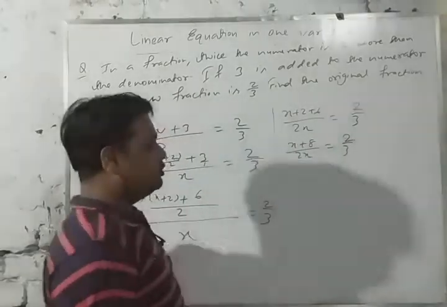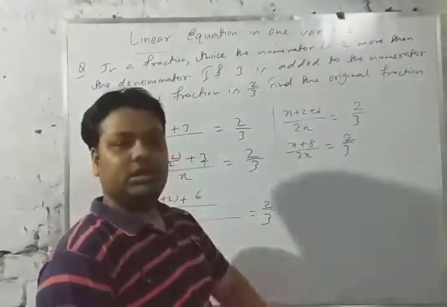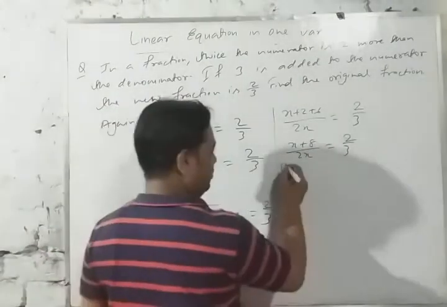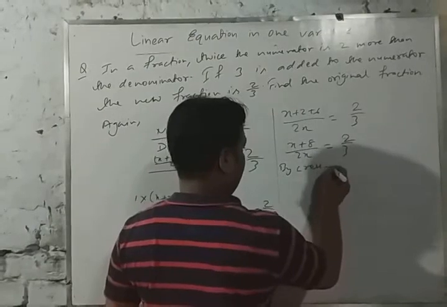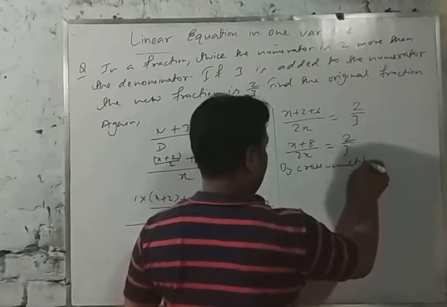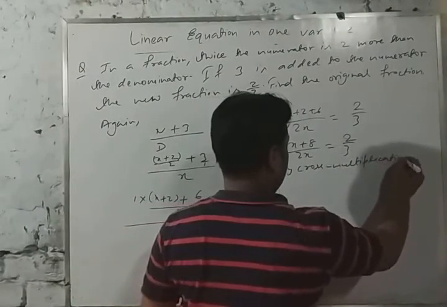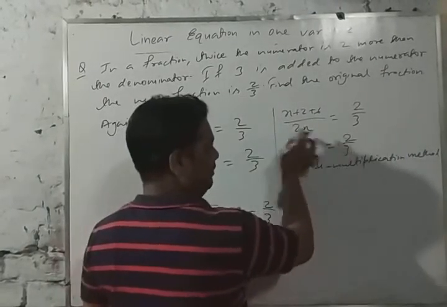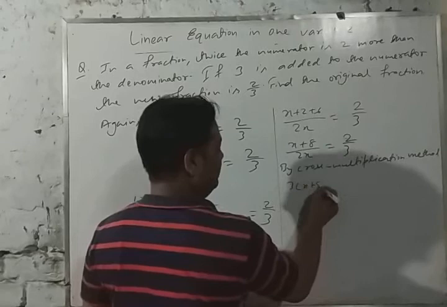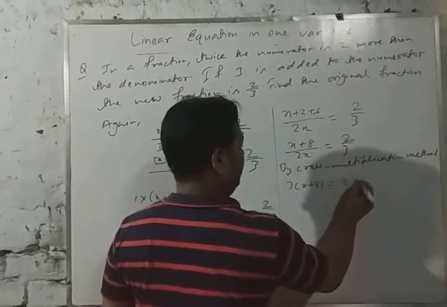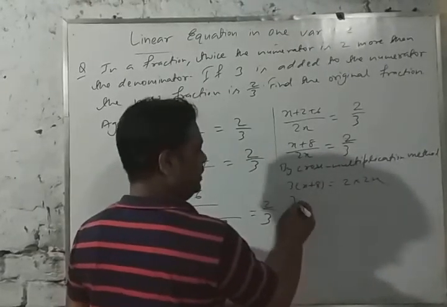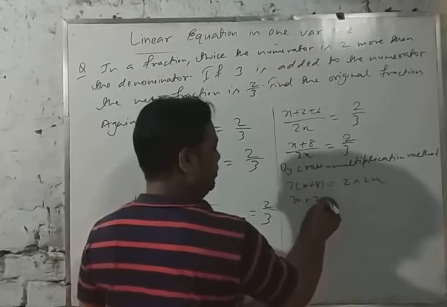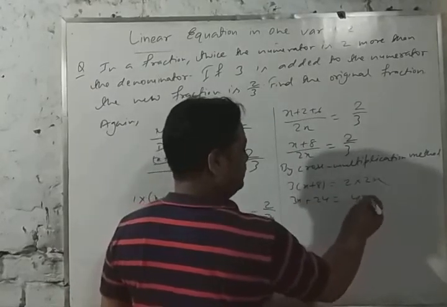Now we cannot solve this right now, so we will use the cross multiplication method. By cross multiplication, 3 will be multiplied with x plus 8 and 2 will be multiplied with 2x. 3 into x is 3x plus 3 into 8 is 24, equal to 2 into 2x, 4x.